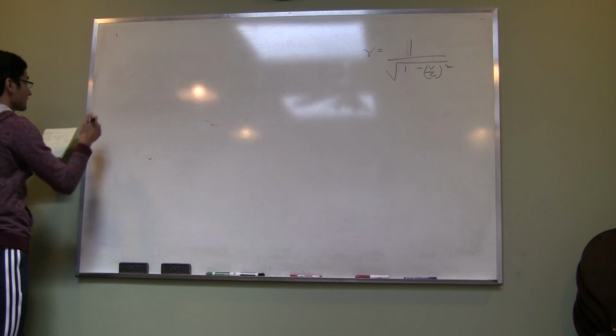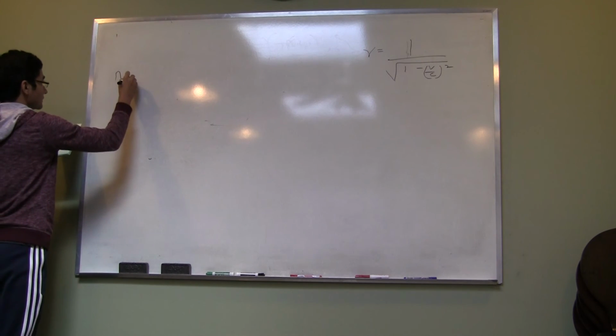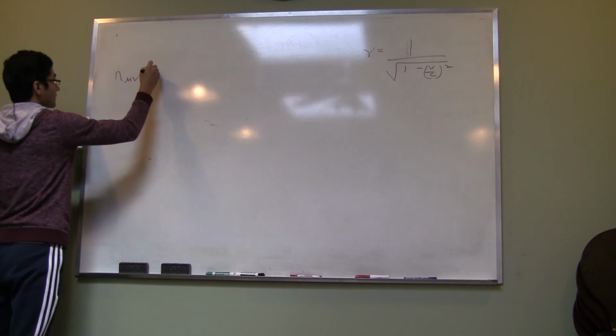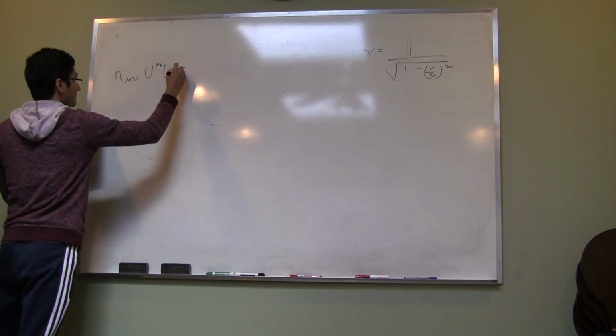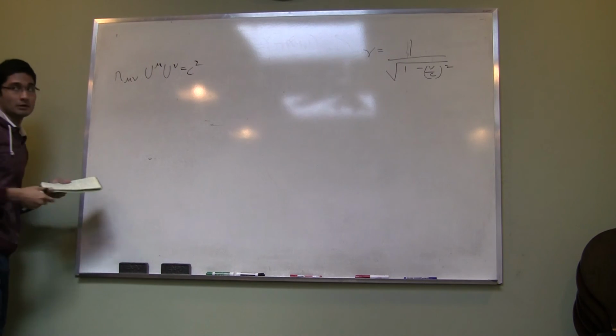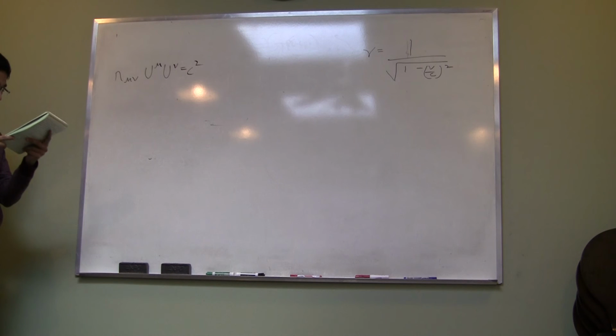And one of the invariant quantities comes from the Minkowski metric, equal to c square. So multiply those two four-velocities. Now this was an interesting formula because in a sense this is the length of every velocity vector, the norm, if you will.